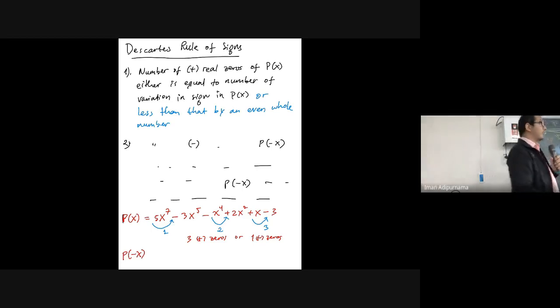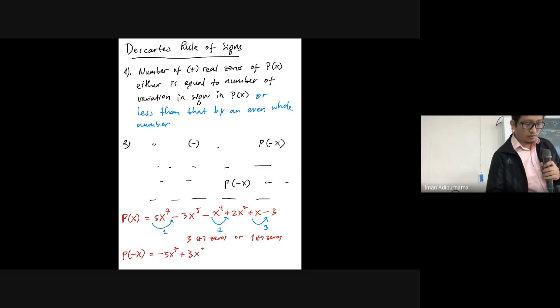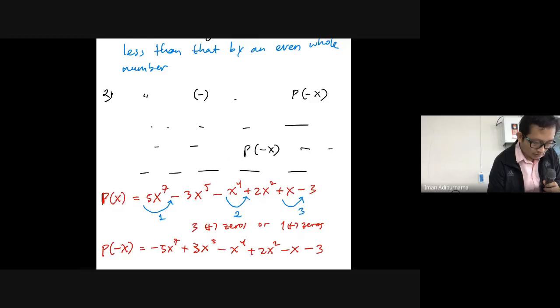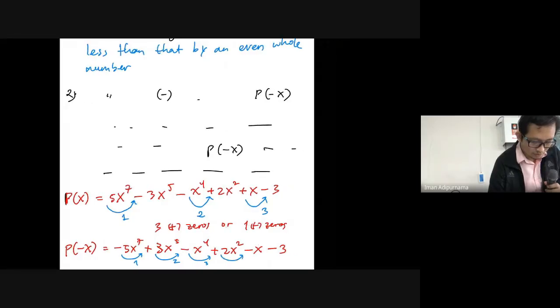And then try the negative x. So we change the x here to negative and plug in the negative. What will happen? It will be negative 5, right? And the other terms are still the same. Let me make it bigger here. So it will be changing here: 1, 2, 3, 4.